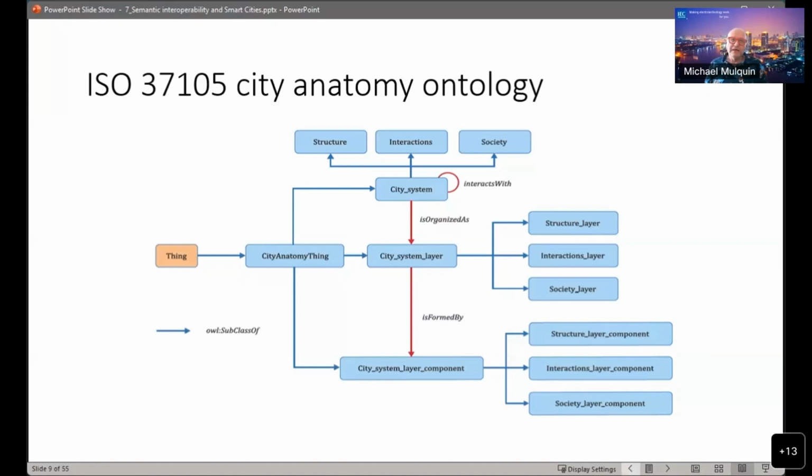And of course, this is a really important thing because it provides a common, very high level framework to help everybody as they think about how to describe how their little bit of the system works and how they need to interact with other bits of the system, to have a common way of talking about all of these different key issues in the city. So this is one key thing that we've done and need to continue to build on. Next slide.